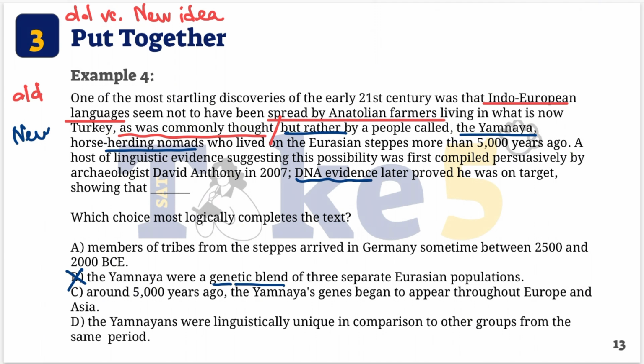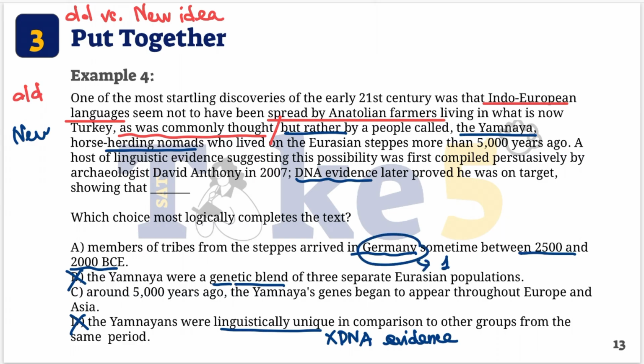D says the Yamnaya were linguistically unique compared to the other group. This is right, maybe, but it's off topic because the passage is about DNA evidence of language spreading, not linguistic uniqueness, and this doesn't confirm anything for the main idea. So between A and C, let's apply the sufficient condition. A says that the tribes arrived in Germany between 2500 and 2000 BCE.